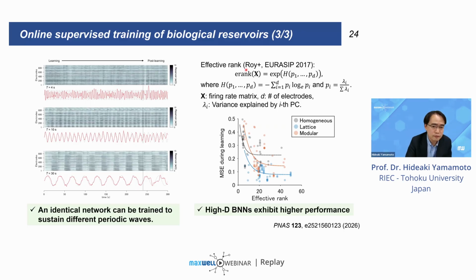And this essentially quantifies how many principal components are meaningfully active to explain the observed dynamics. And plotting the mean squared error against the effective rank across all samples gave an inverse relationship, pointing to one of the mechanisms behind more accurate regression with these biological reservoirs, meaning that higher dimensional reservoirs exhibit higher performance.